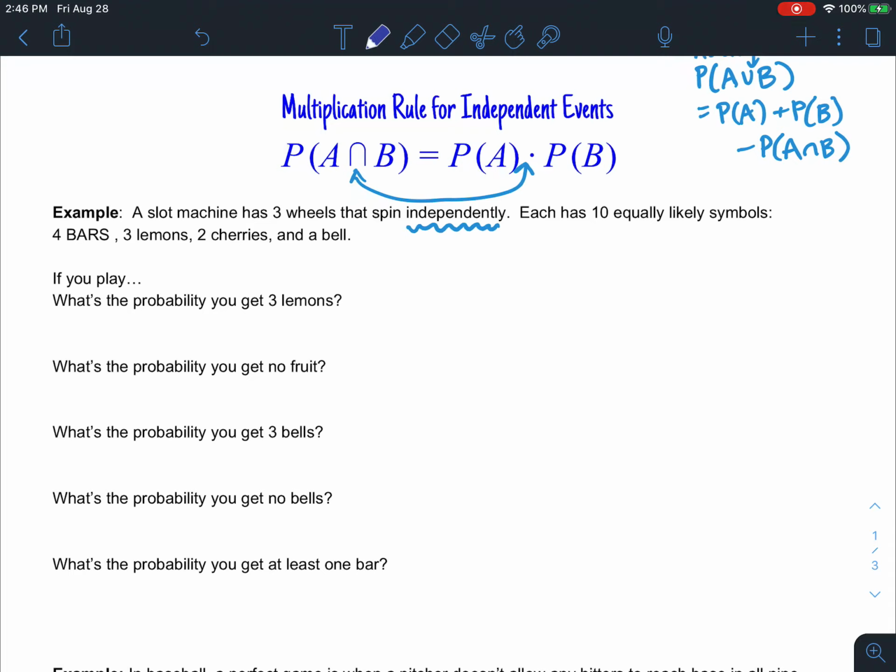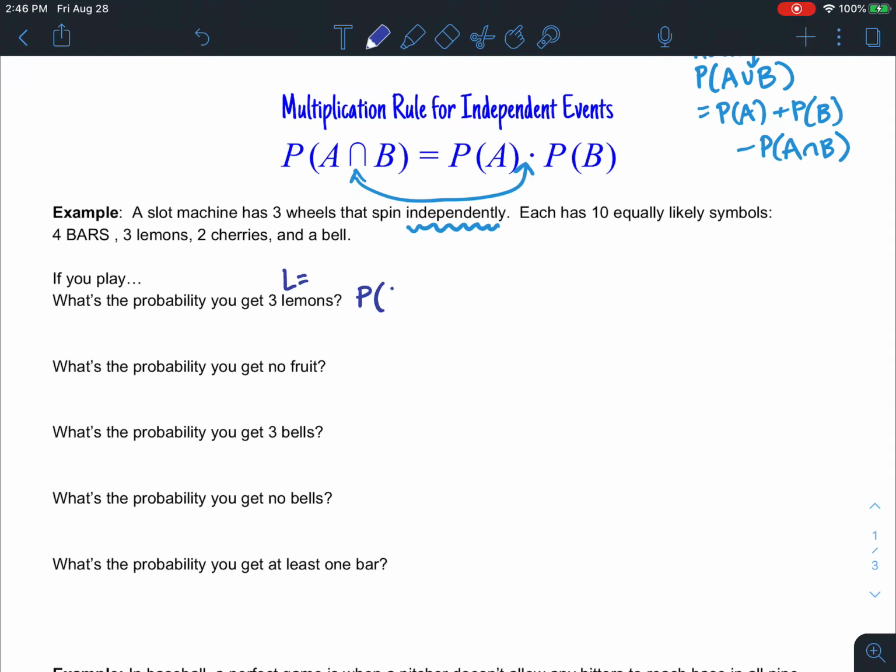Alright, so when you sit down at this slot machine, maybe you're thinking, what's the probability that I'm going to get 3 lemons? Well, in probability notation, how we will write this, it will look like this. I'm looking for the probability. Of course, I need to define my event. Let's let L be the event that I get lemons.